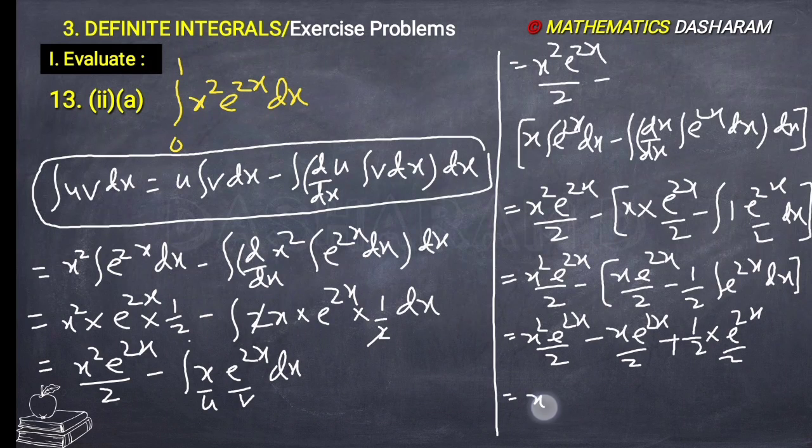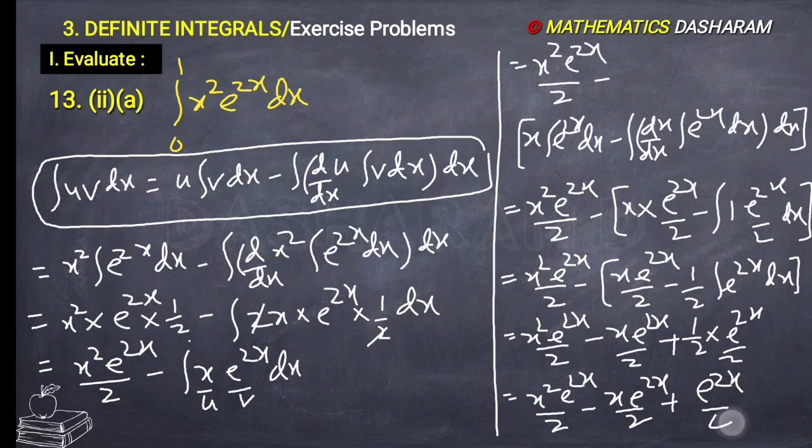Now it is equals to x square into e power 2x divided by 2 minus x into e power 2x divided by 2 plus 1 by 4 e power 2x divided by 4. Now apply the limits as it is 0 to 1.